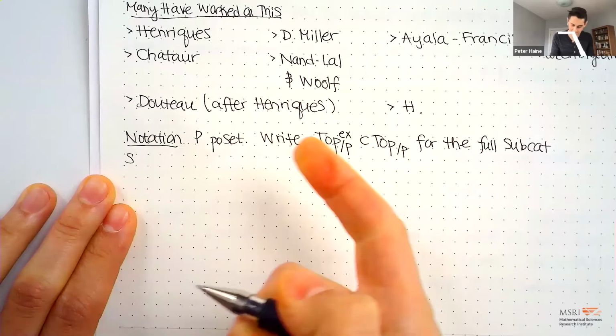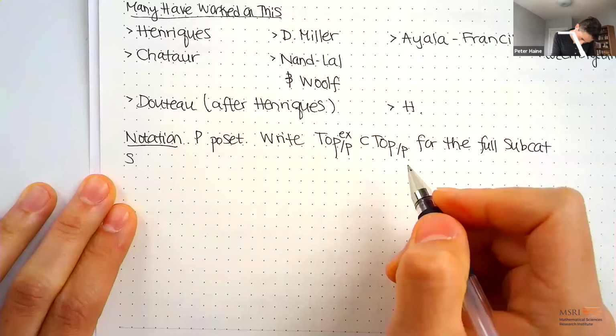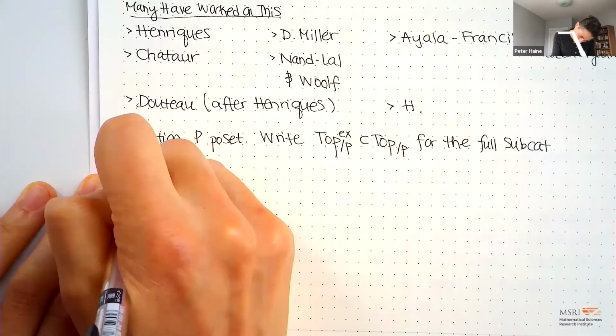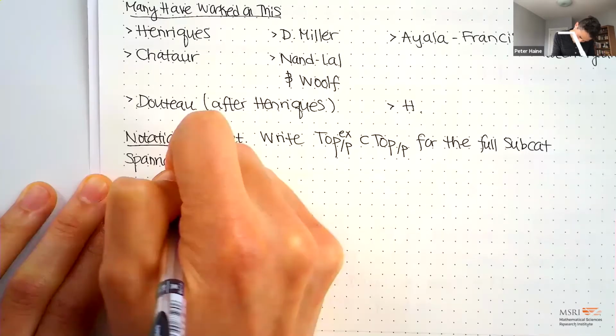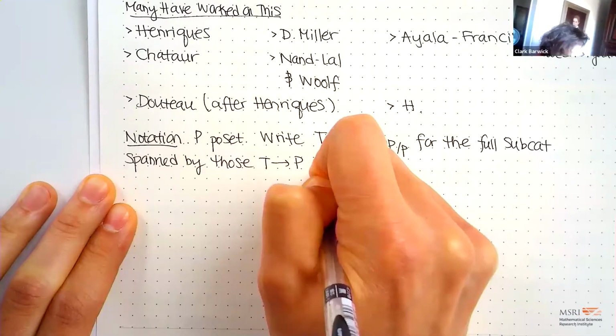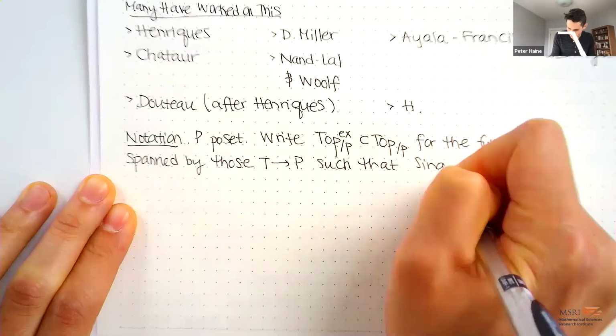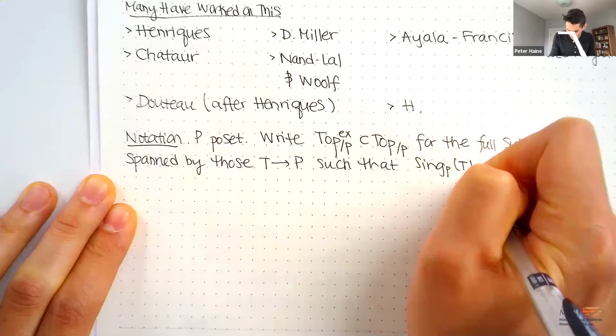So the X just stands for exit path. So spanned by those T over P such that sing P of T is a quasi-category.